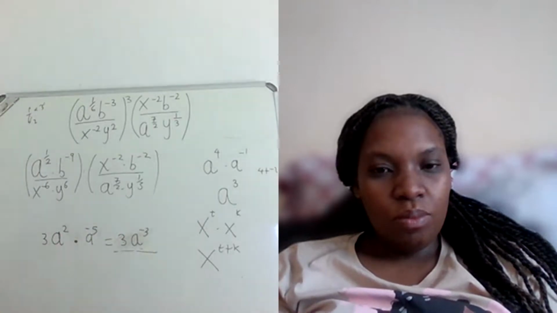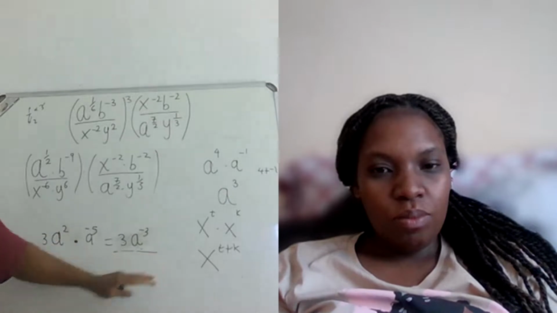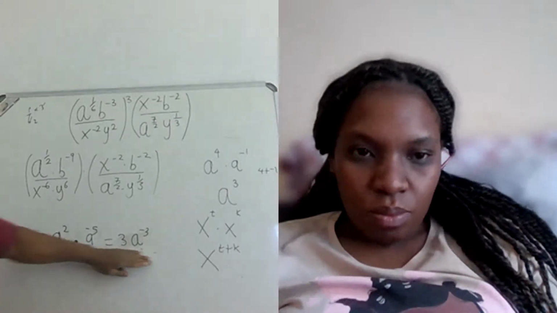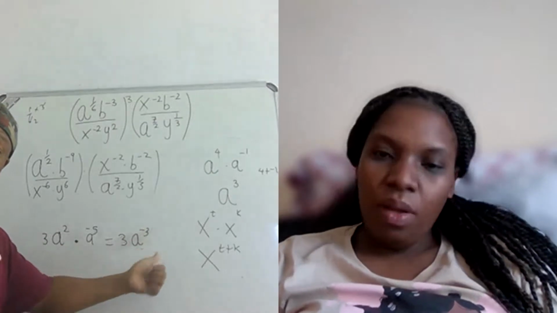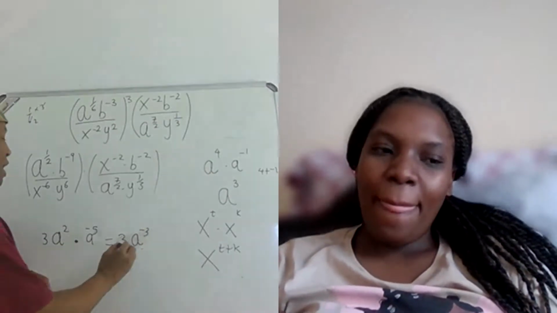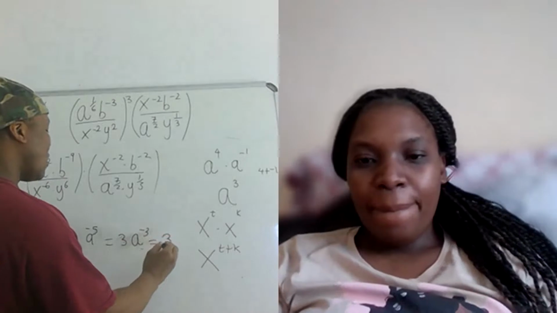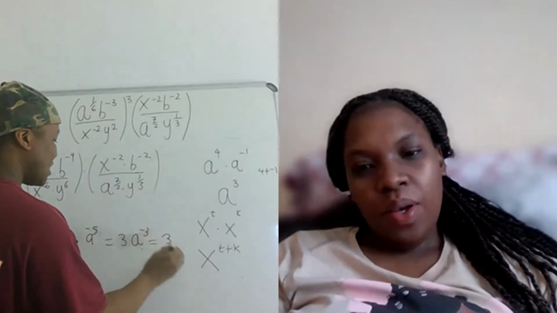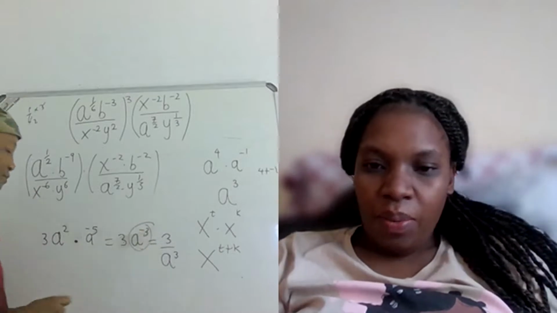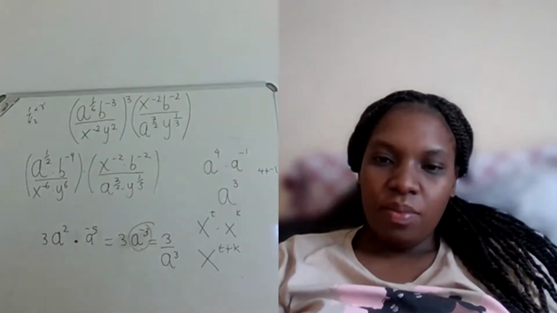That being said, even though this is my final answer, I'm not going to leave my final answer like that. You know why? Because my power is negative. So for that case, let me reciprocate, which is going to be 3 over a positive 3, which I can give to the bottom. You get that?